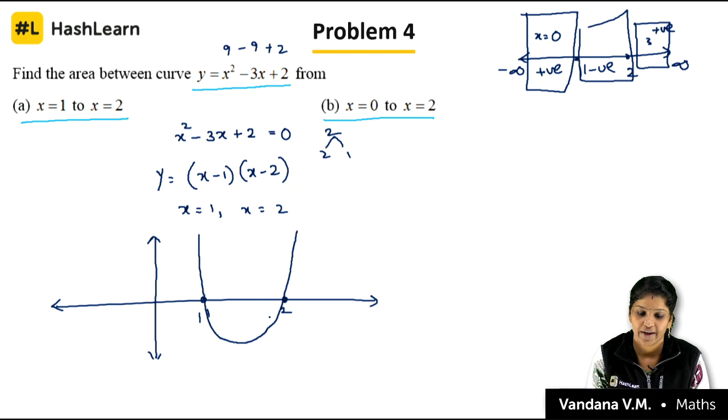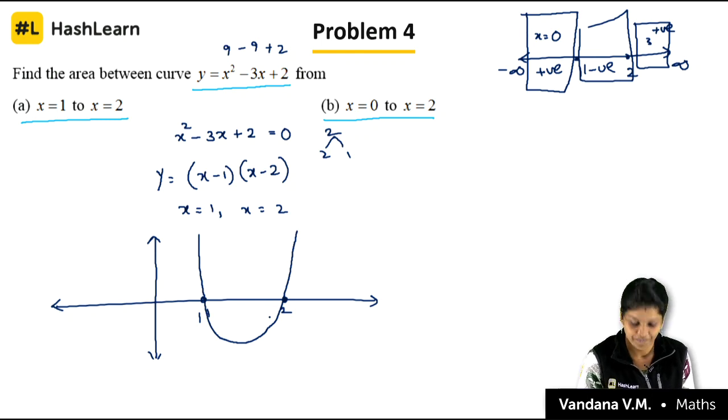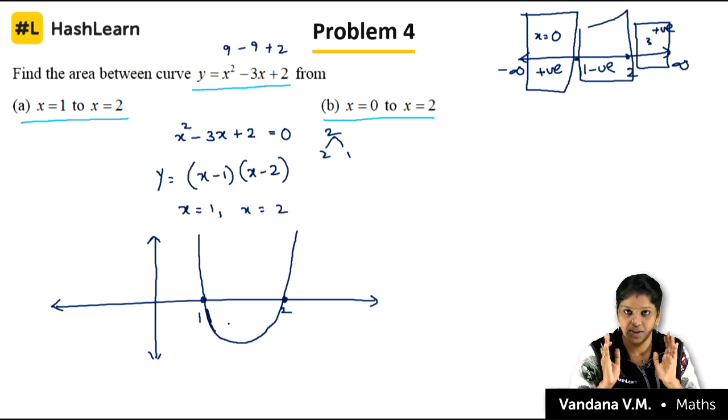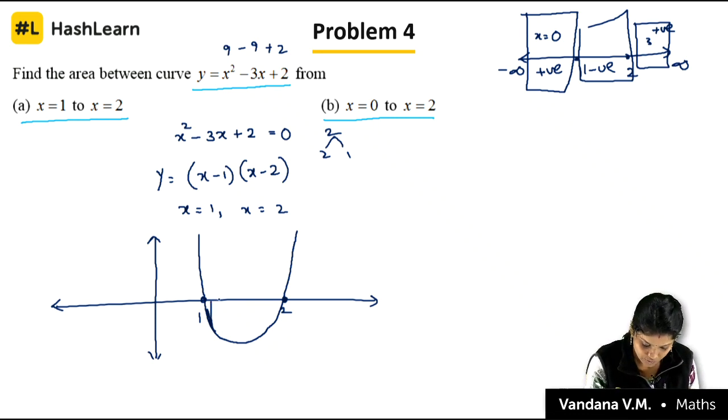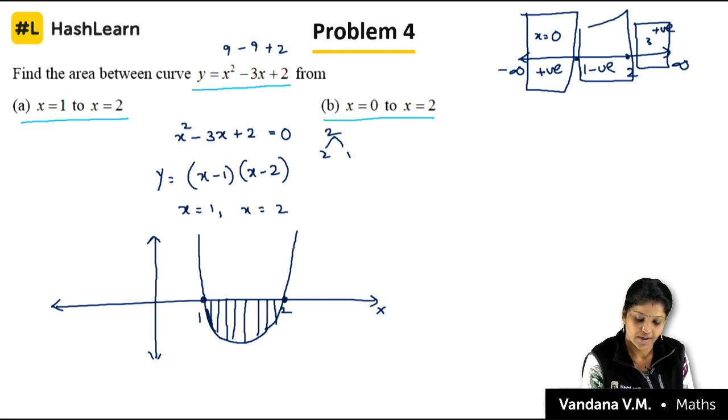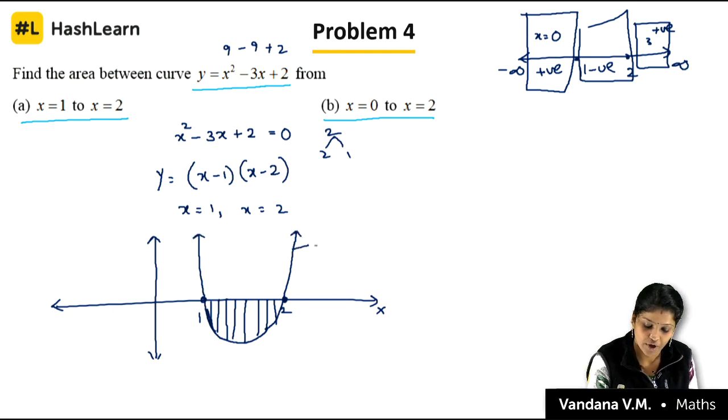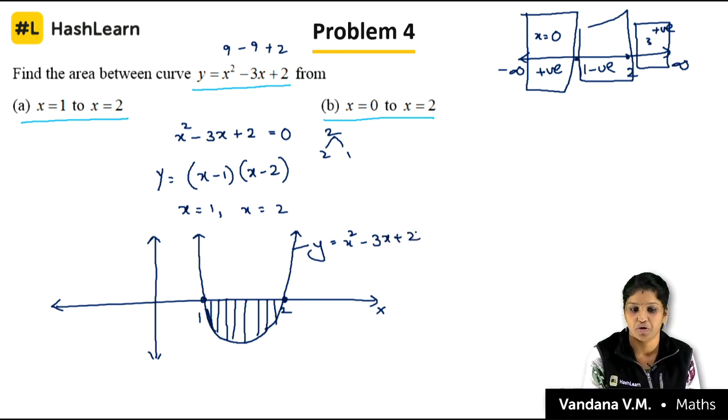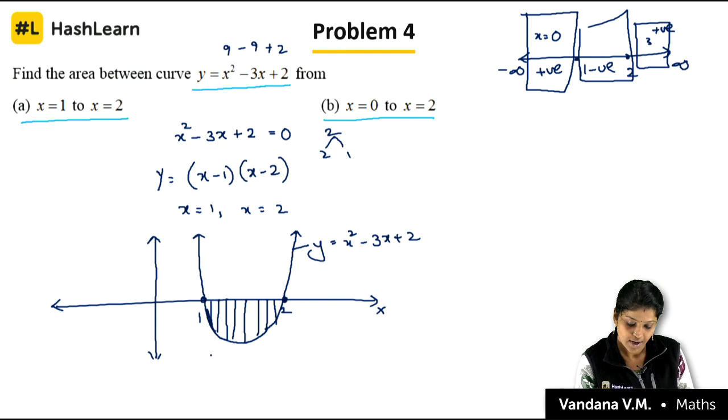X cube or x power 4, okay, fine. So I clearly understood between 1 and 2 it is negative. So here it is negative below the x axis. This is the graph of y is equal to x square minus 3x plus 2. This is the way of drawing the graph, children. Okay. Next.